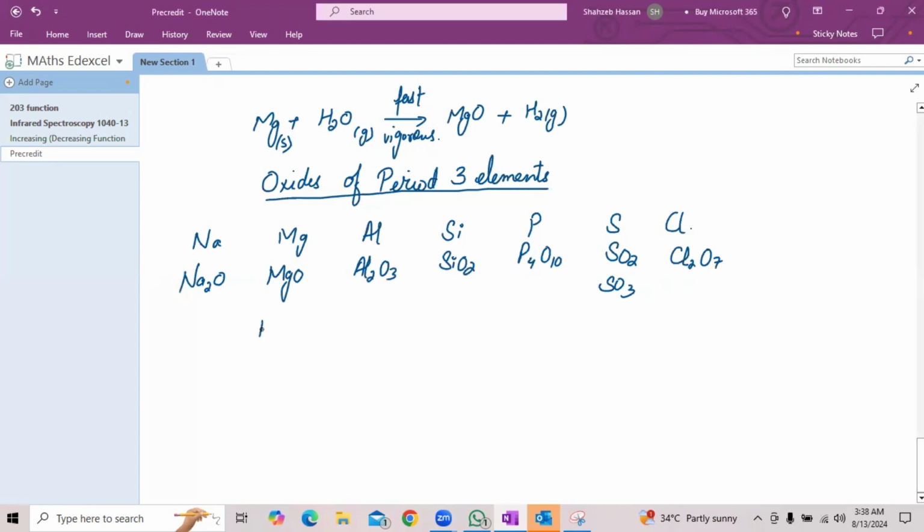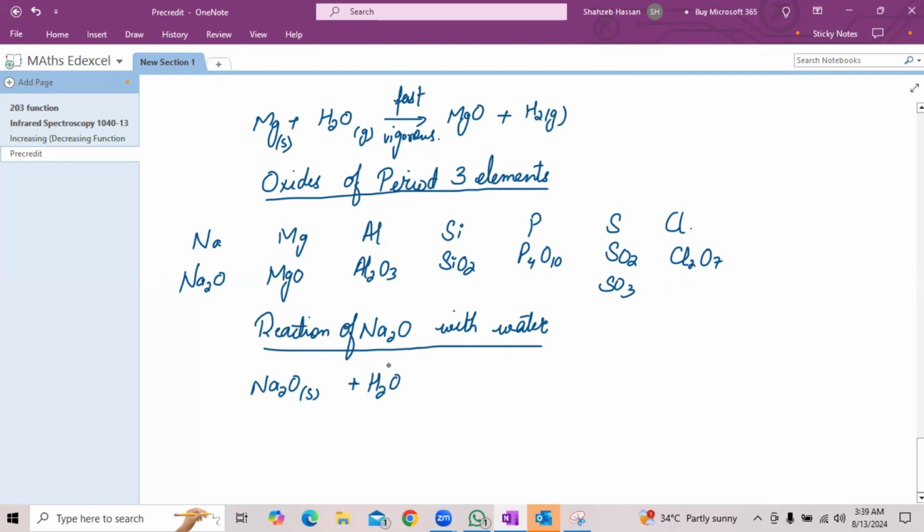So the reaction of sodium oxide with water. Sodium oxide, in solid state, is going to react with water, which is in liquid form, and it is going to form sodium hydroxide, which is in aqueous form.